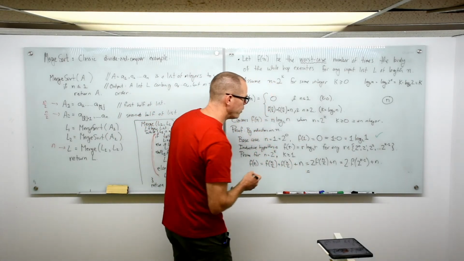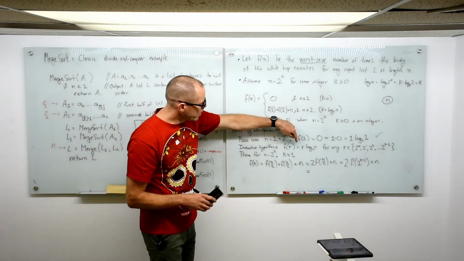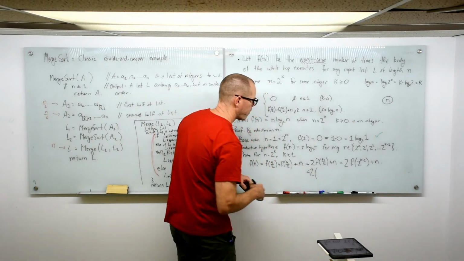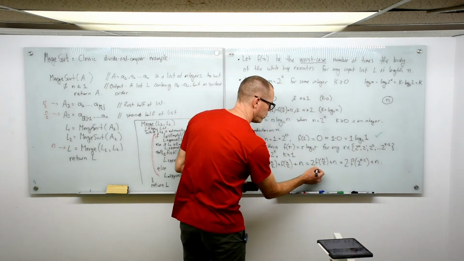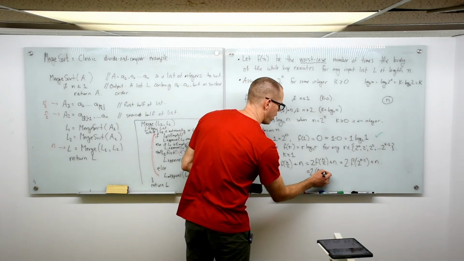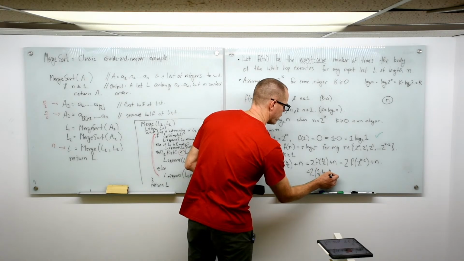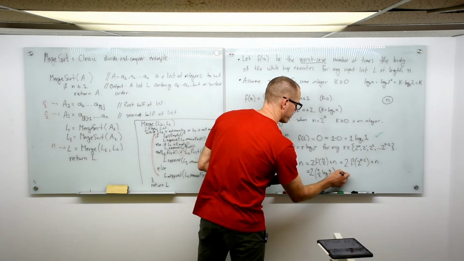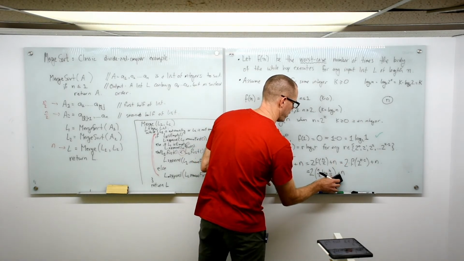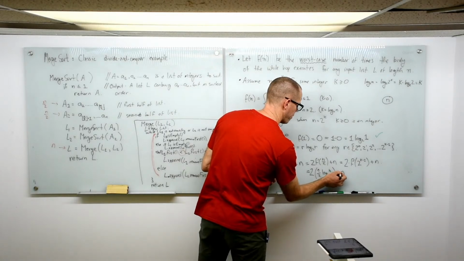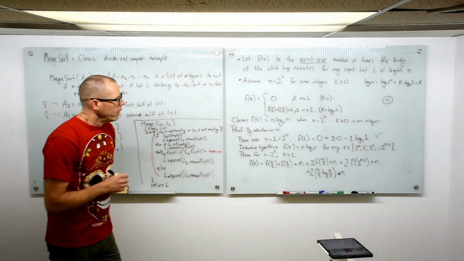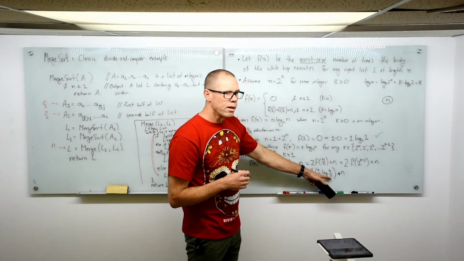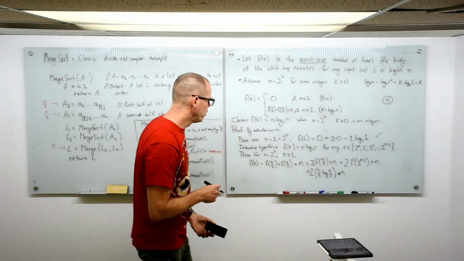So let's use that inductive hypothesis. The inductive hypothesis says that this should be r, which is n over 2, log r, so that's log n over 2, plus n. Yeah, plus n. All right. And what's this log of n over 2?